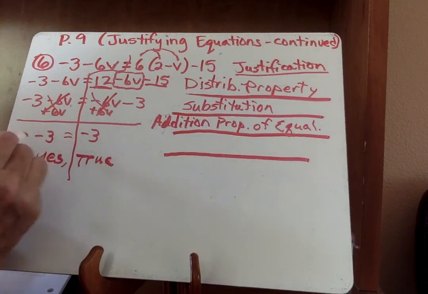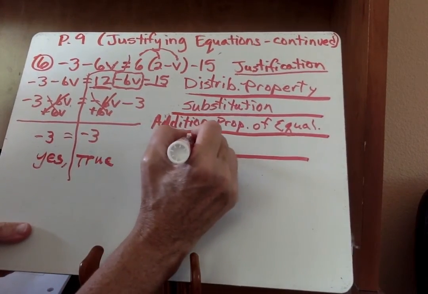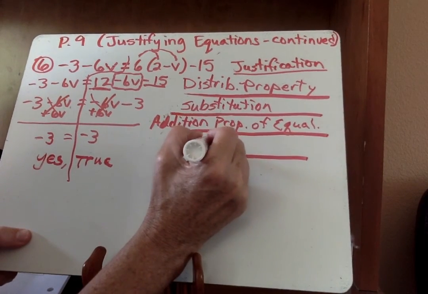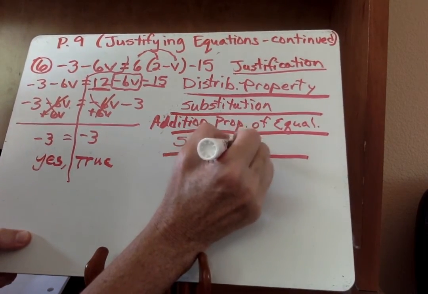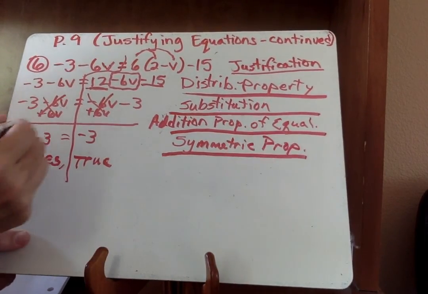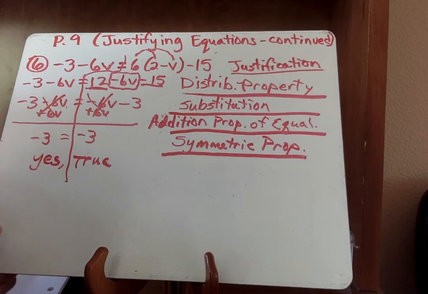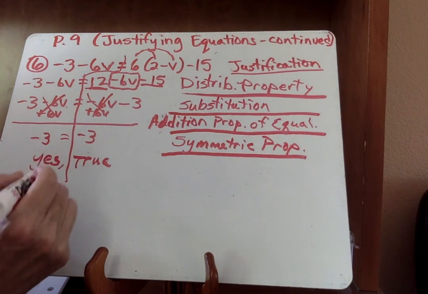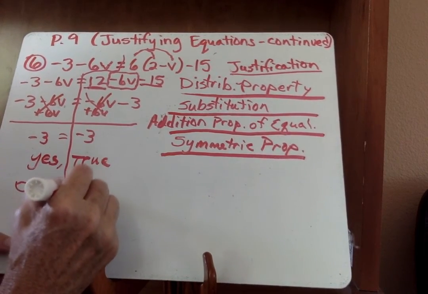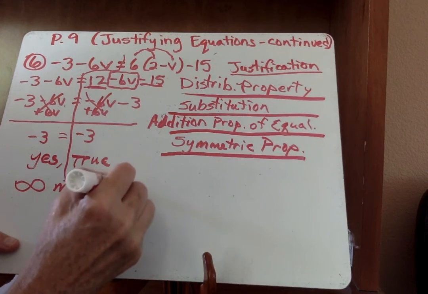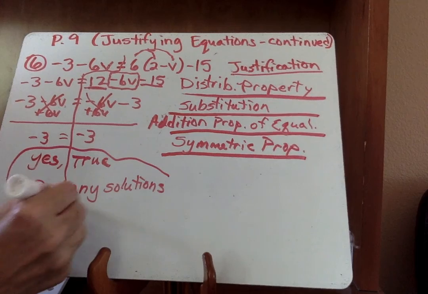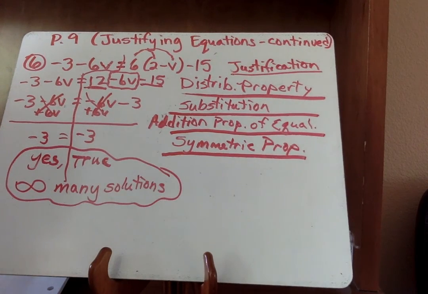Since it's true right here, and that's kind of a symmetric property because you're kind of saying you're equal to the same thing. And I would probably accept the reflexive property as well. So yes, if it's true, you have infinitely many solutions. And so there you have it.